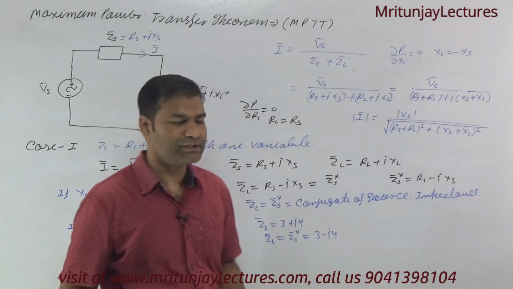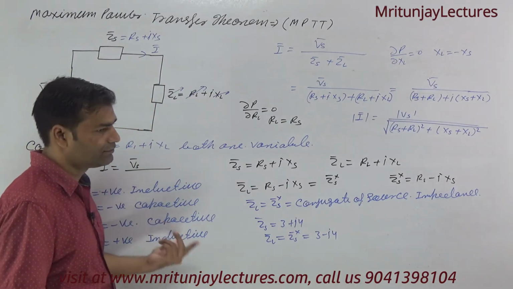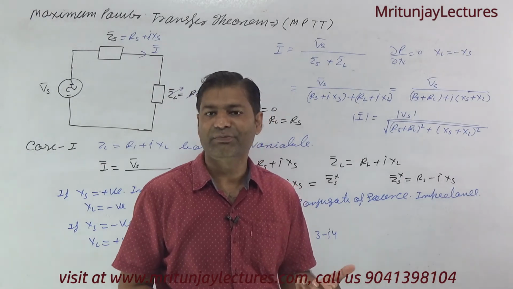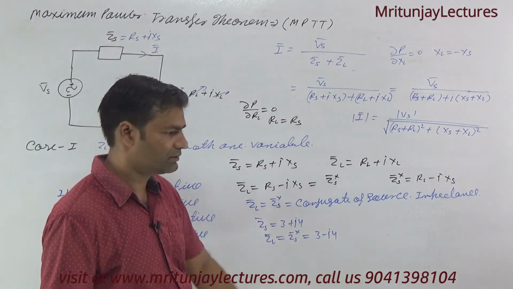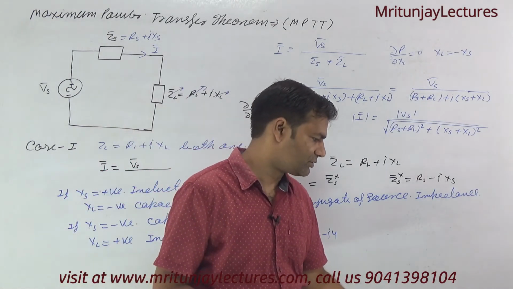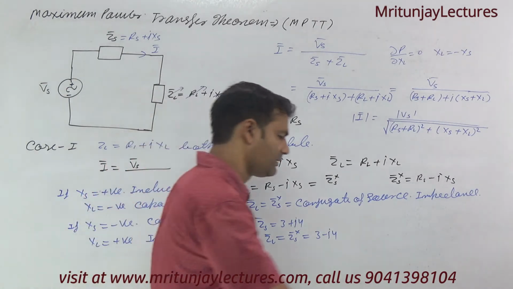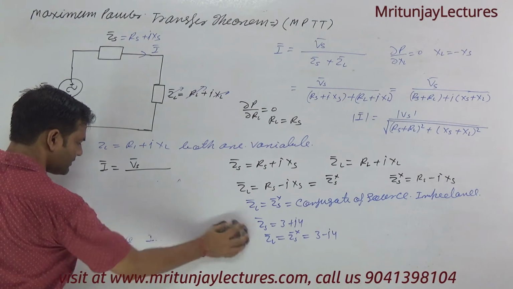After that, ZL is the conjugate of the series impedance in case of maximum power transfer. Then we get the answer. First of all, determine the series impedance corresponding to the question, and then ZL.